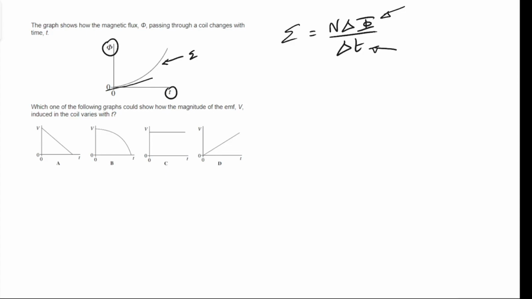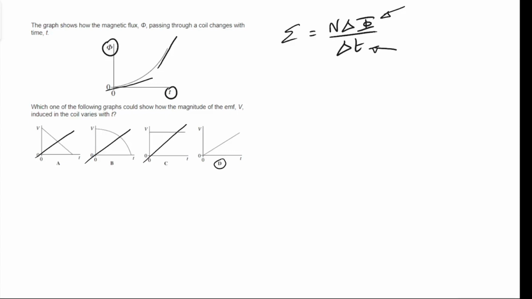Well, we start off with a shallow gradient at the beginning of the graph, going up to a steep gradient, and that will actually eliminate 3 of the options immediately, which is this one, decreasing value of the EMF. Same for this one, and here we have a constant value of the EMF, and therefore the only available option for us is option D.